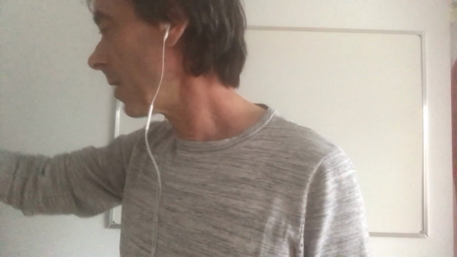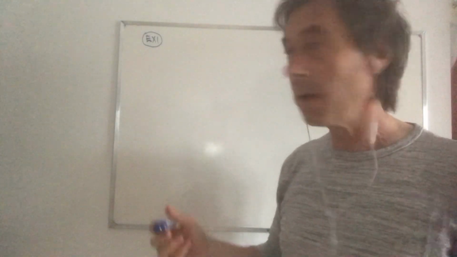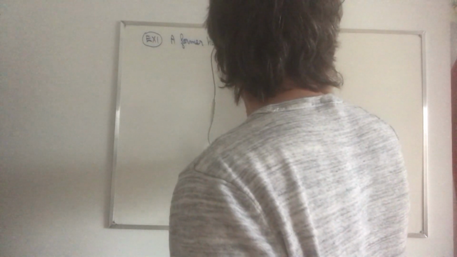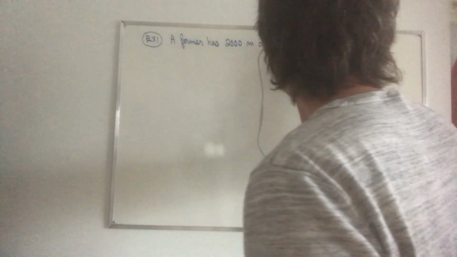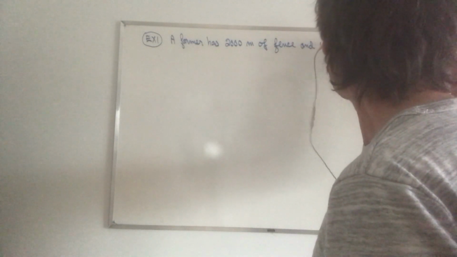All right, well, here's a classic problem. Example 1. This is a problem for the ages, probably the best introductory problem in optimization. A farmer has 2,000 meters of fence and wants to use it to enclose a rectangular plot of land.